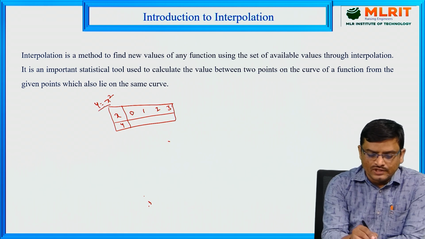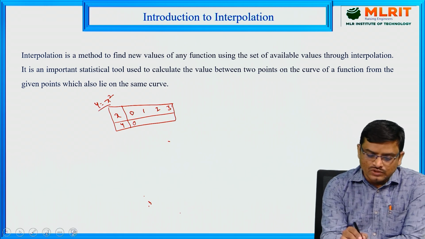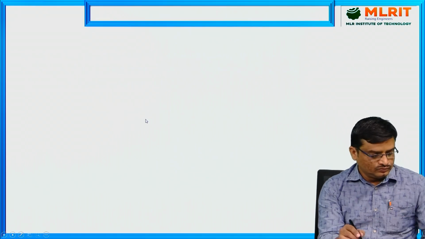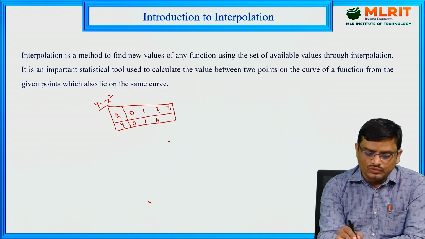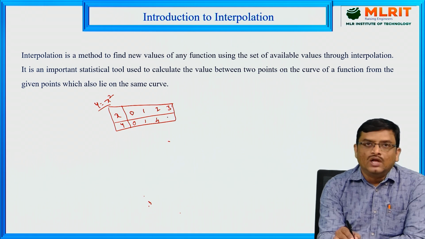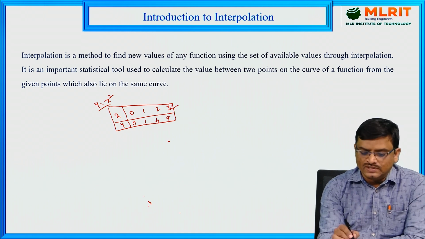Similarly, x is equal to 1 gives y is equal to 1. If you substitute x is equal to 2, you will get y is equal to 4, and if you take x is equal to 3, we get y is equal to 9.